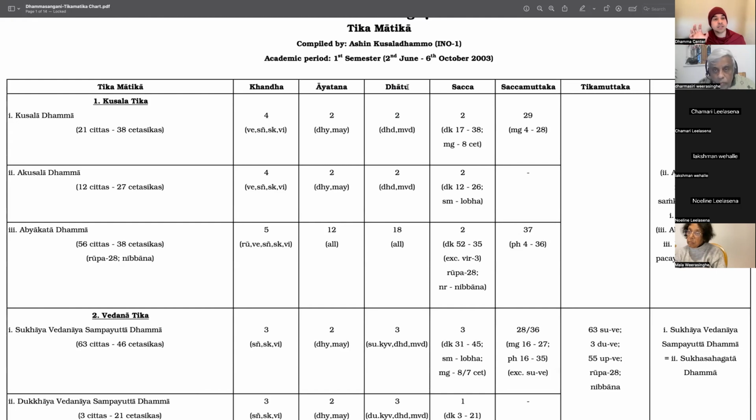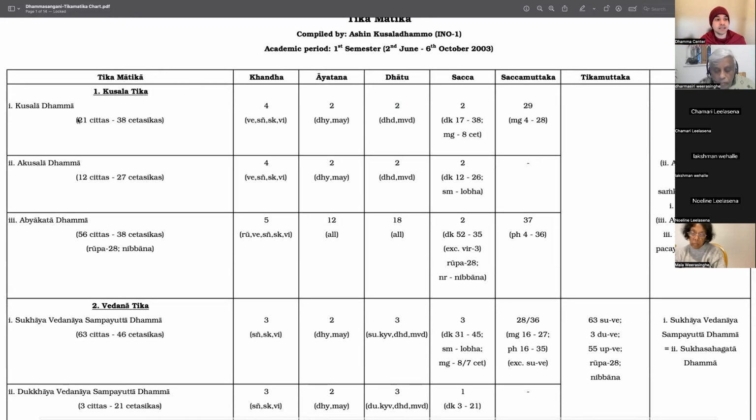Then I will explain what a satcha muttaka is, how something can be free of truth. So kusala dhamma is 21 chittas and 38 chetasikas, which we can divide into khanda, ayatana, dhatu, satcha, muttaka, and also at times tika muttaka, right? In certain times, tika muttaka.